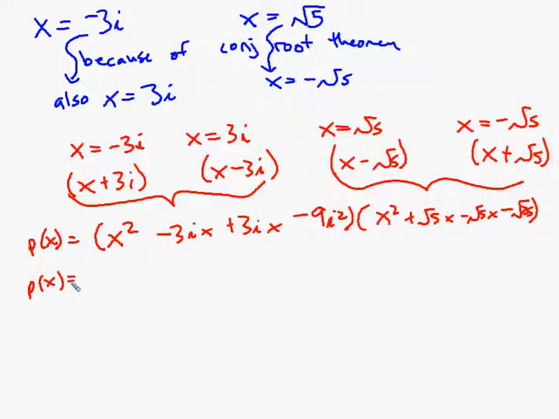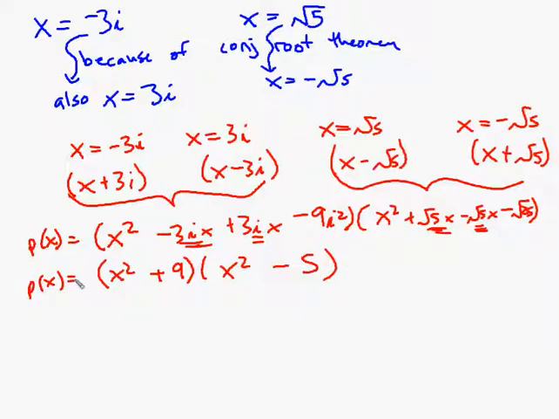I'm just going to simplify that a little before I multiply on. Notice those cancel, don't they? And then i squared is negative 1, making this x squared plus 9. Notice those cancel. And what's the square root of 25? So I get x squared minus 5.